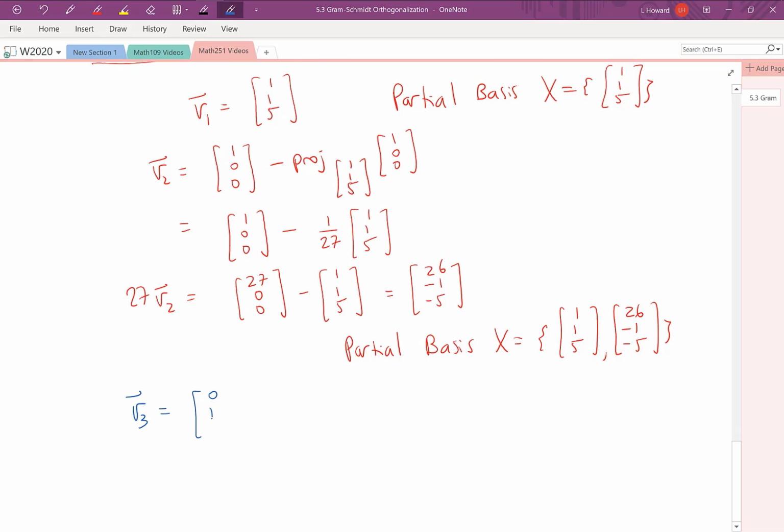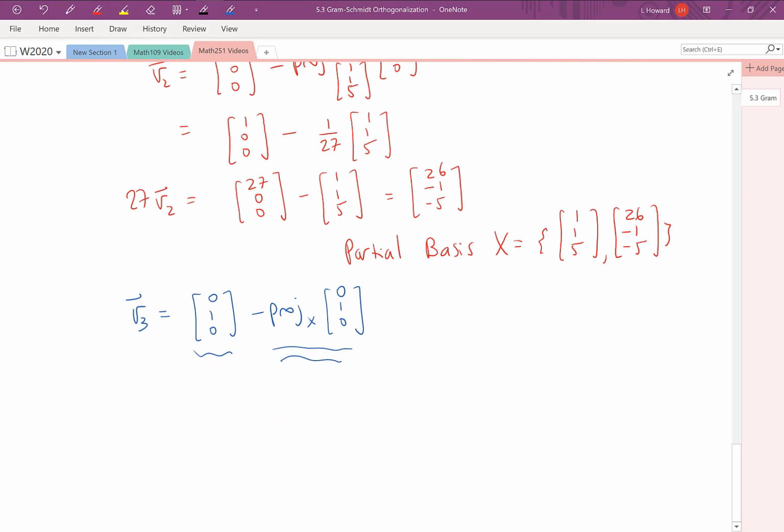Okay, so we're going to go 0, 1, 0 minus its projection onto x. And what this is doing is it's saying start with 0, 1, 0 and then subtract off any part of that vector that goes parallel to either of your previous two basis vectors. So that's going to leave us with something that's going perfectly perpendicular to both of the previous two vectors.